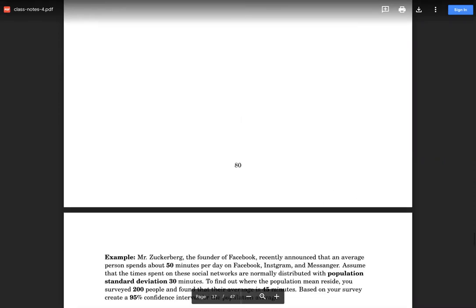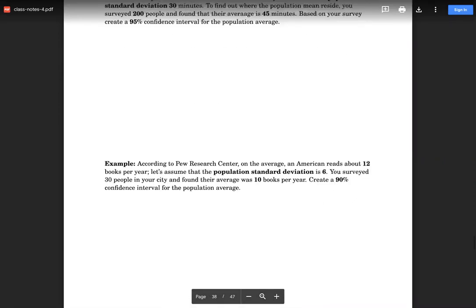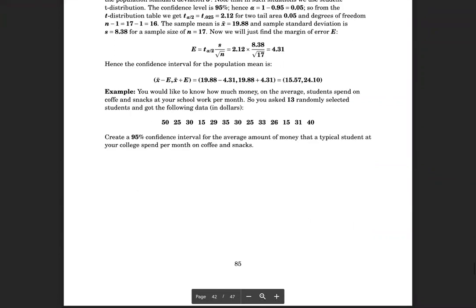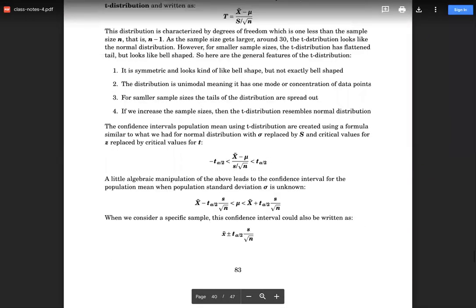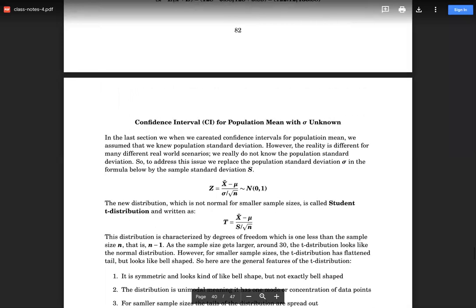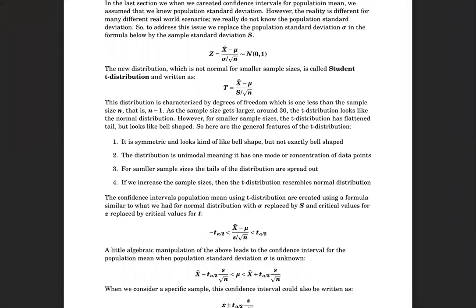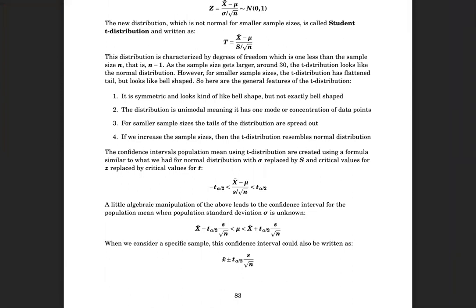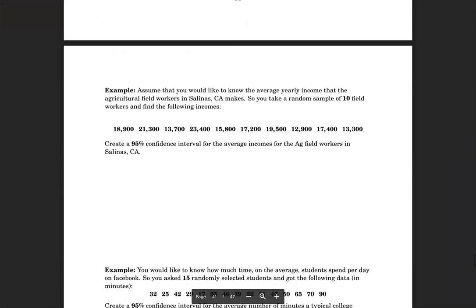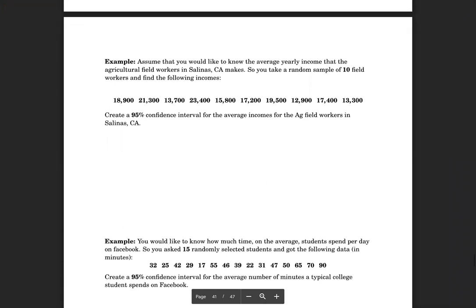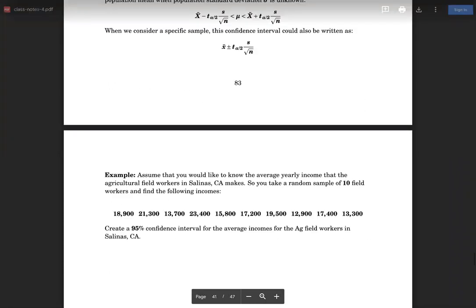Okay. Again, the theory is here. You can read it up. It's very similar to the population proportion and population mean. And this is where we are gonna do a confidence interval when we do not know sigma, okay?